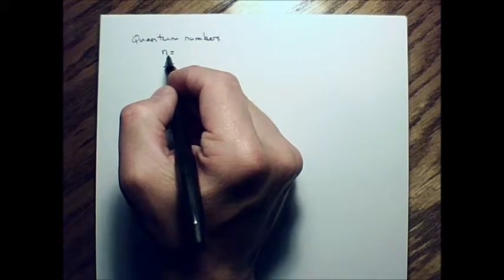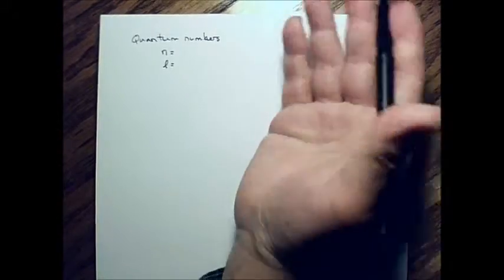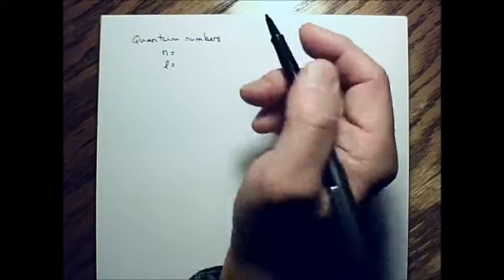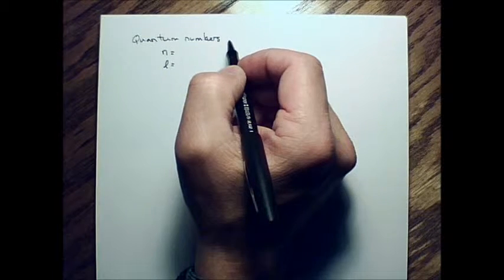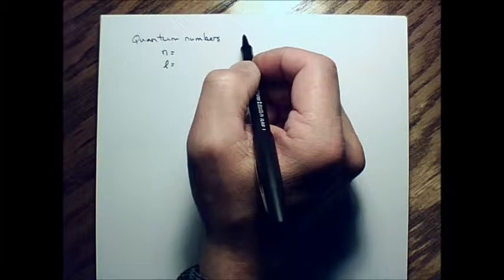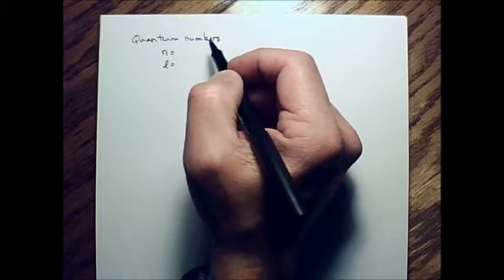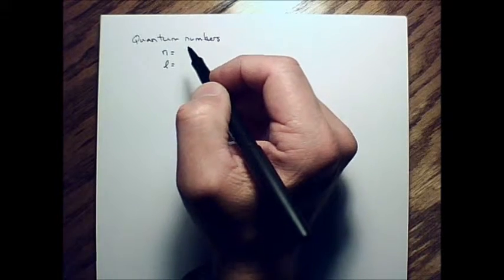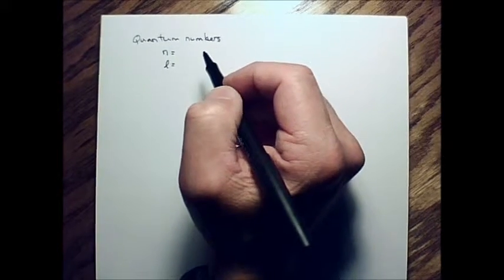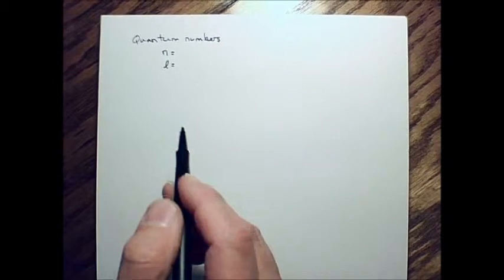So quantum numbers, I've related them to an address. When we're doing electron configurations and orbital notation, that's like telling how many people live in a whole neighborhood, whereas quantum numbers tell you the specific address for one single electron, not for a whole bunch of electrons, but for one single electron.